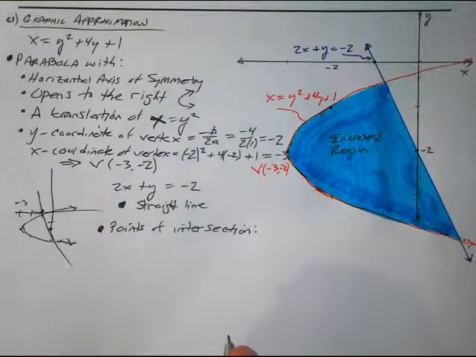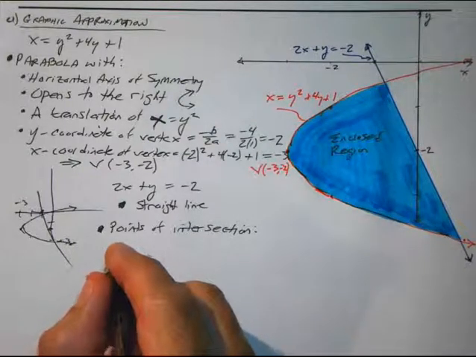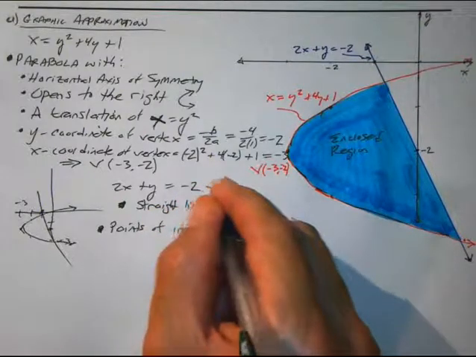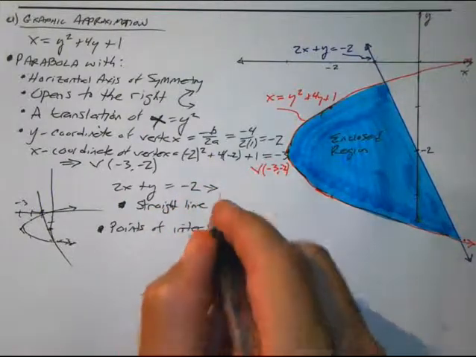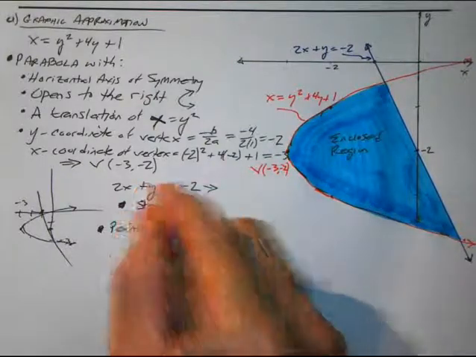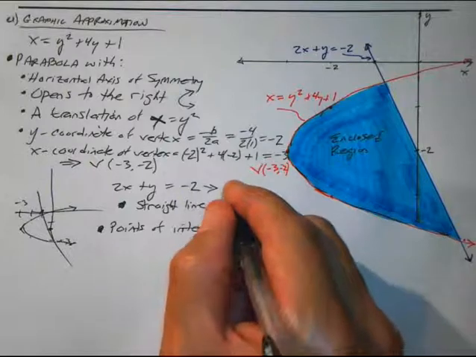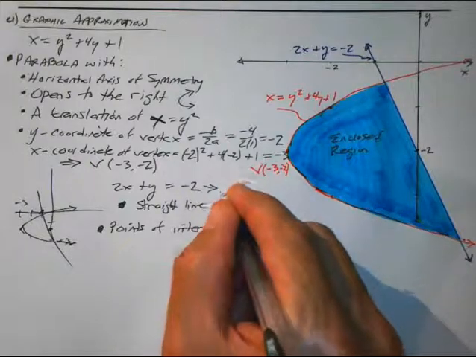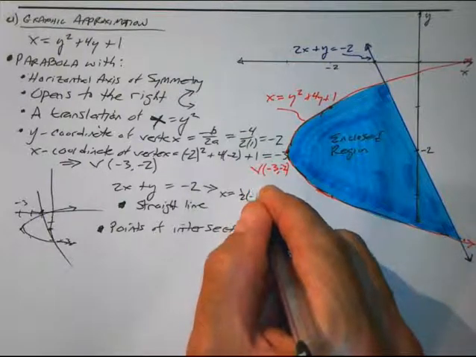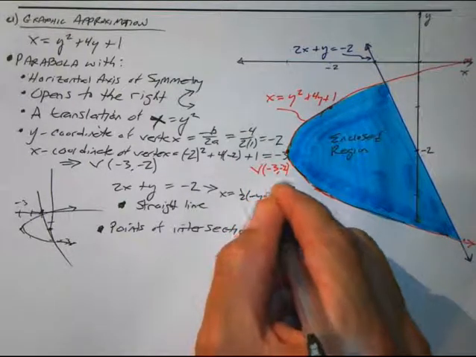Okay, at intersection, of course, the x-coordinates would be equal. And going back up here, we could take this one and rewrite it by solving for x, and that would mean subtracting y, and dividing both sides by 2. We could also have this look like x equals 1/2 times negative y minus 2.